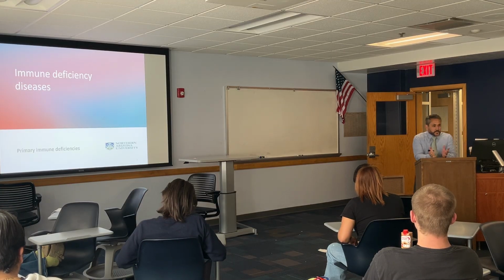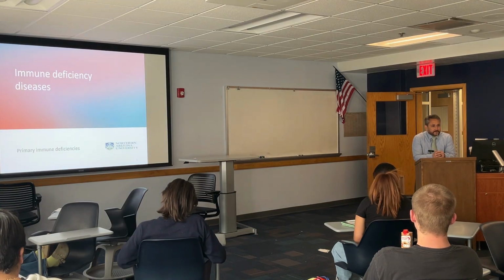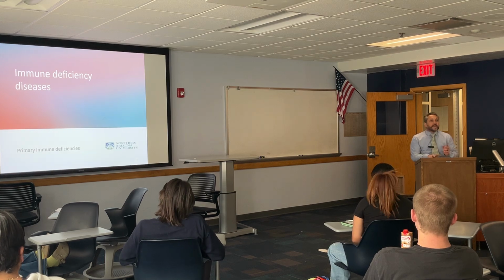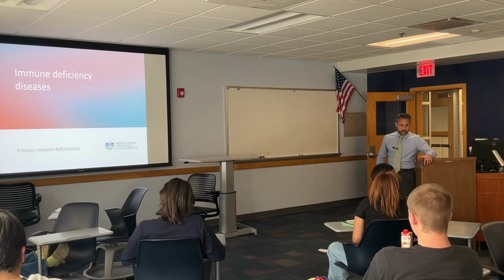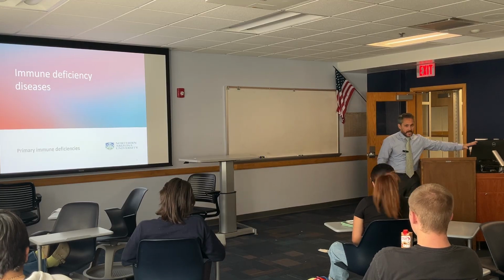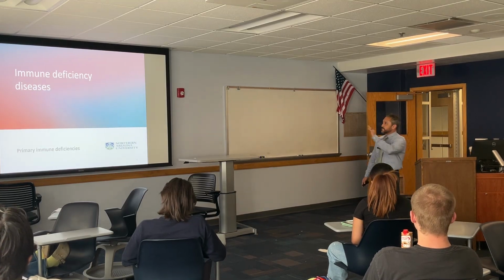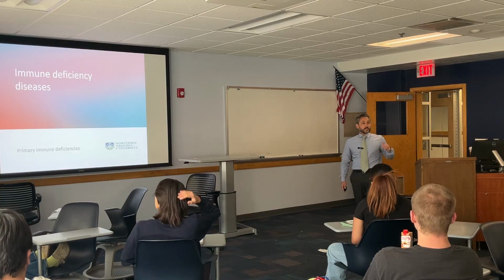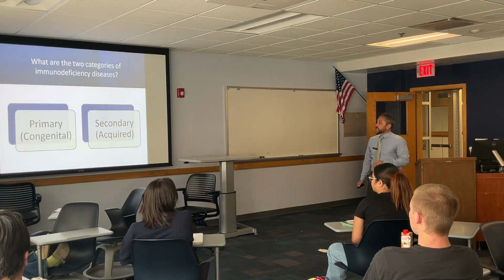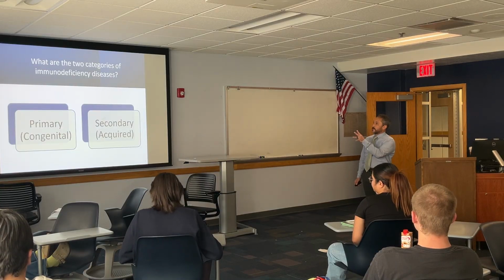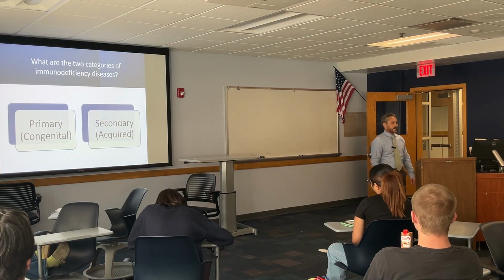So immune deficiency diseases. There are 2 different main types. These are not autoimmune disorders. That's what we talked about last lecture. These are immune deficiency diseases where your immune system is compromised. And there are 2 main types: primary and secondary.